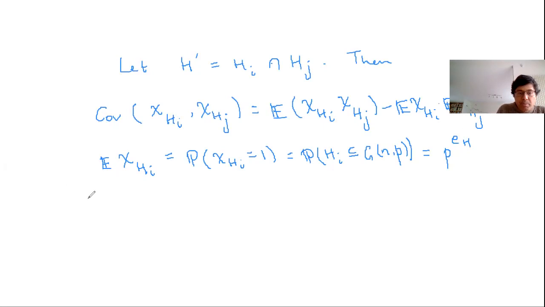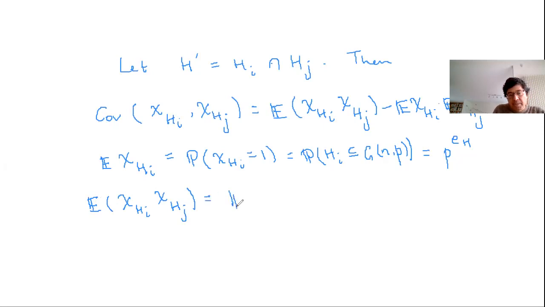What's the expectation of the product of these indicators? Each indicator can only take values 0 or 1, so the product again can only take values 0 or 1. And so the expectation of the product is the probability that the product takes the value 1.